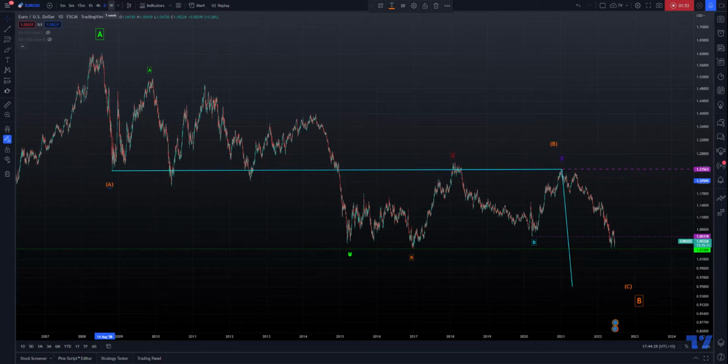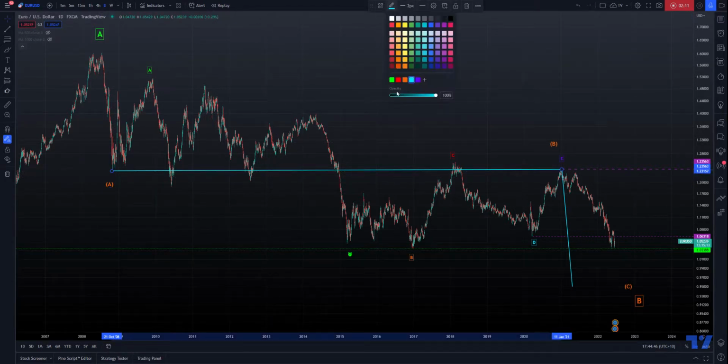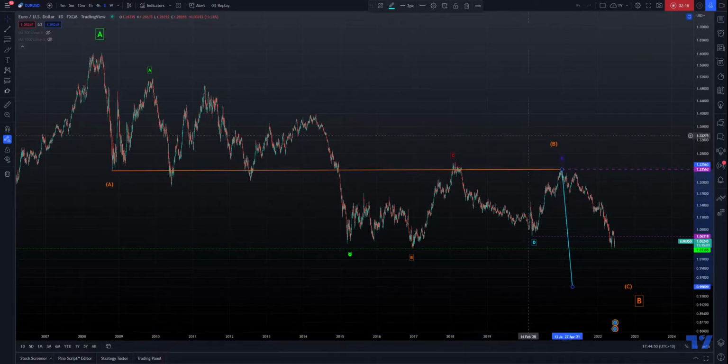For me, it's purely the waves, but I have started diving in deep with the macro stuff, right? Because a lot of stuff started to come to light across the board that started to not make a lot of sense in terms of my US dollar / euro count, right?